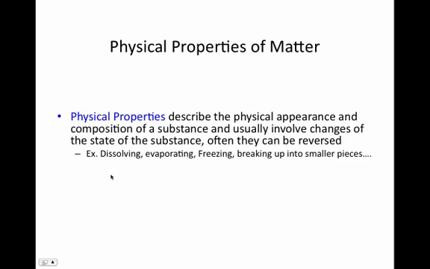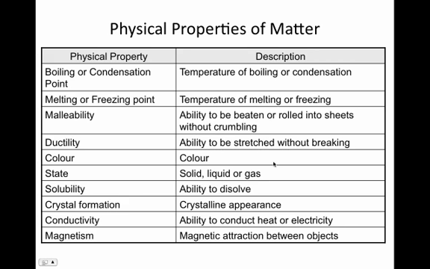So the ability of a substance to dissolve, or the temperature that it evaporates or freezes, etc. These are all physical changes and physical properties. Here are some other examples. The color, its state, whether it can magnetize or not, its conductivity, etc.